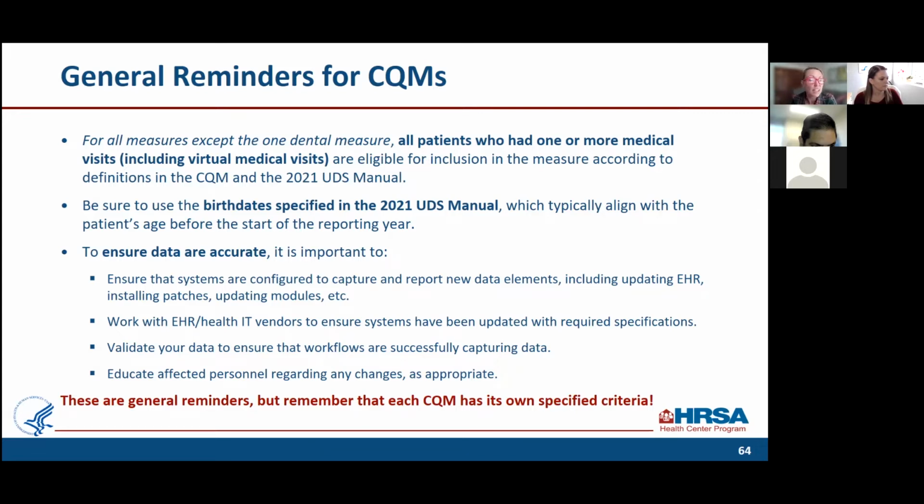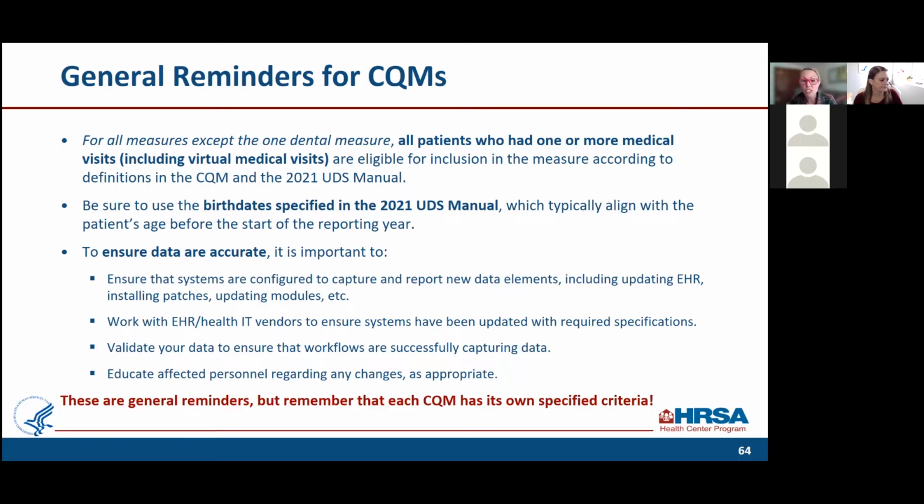This can't be discerned from the name of the measure, so just be sure to look at the manual for those details. Another general reminder is to be sure to review reports generated from your EHR along with the manual and the eCQM specifications. This is really important because while the eCQMs provide detailed specifications for the measure, each EHR system is a little different in terms of how and where those required components need to be documented in order for the EHR to access and pull that information.